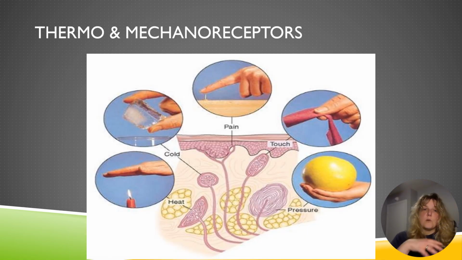Now you can have thermo and mechanoreceptors. Now thermoreceptors, guess what they're interpreting? They're interpreting temperature. Mechanoreceptors, on the other hand, are interpreting mechanical stimuli. So they're looking at touch and pressure. They're looking at different things. You can have a receptor that's really close to the skin, which is what you see here.